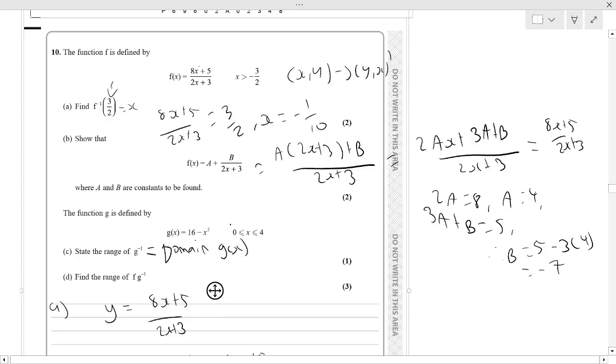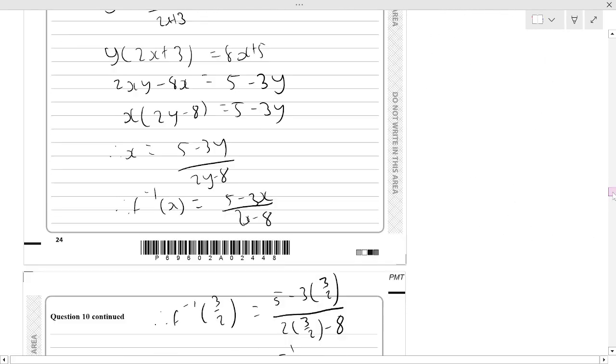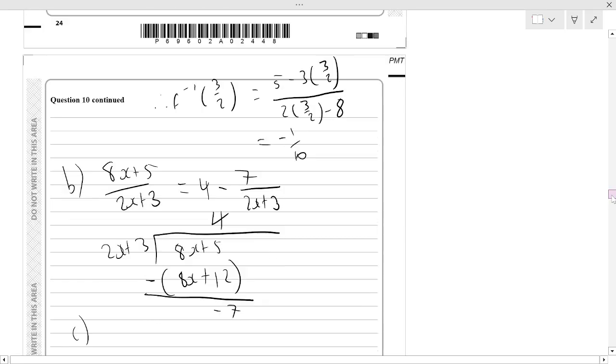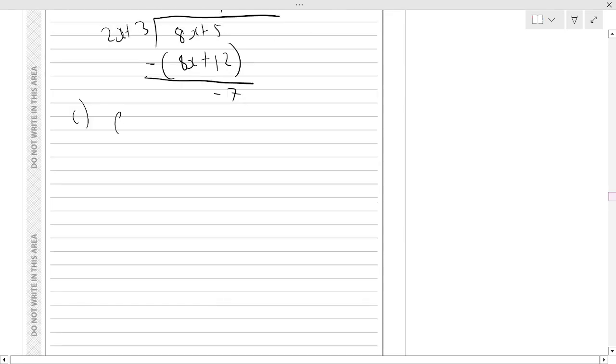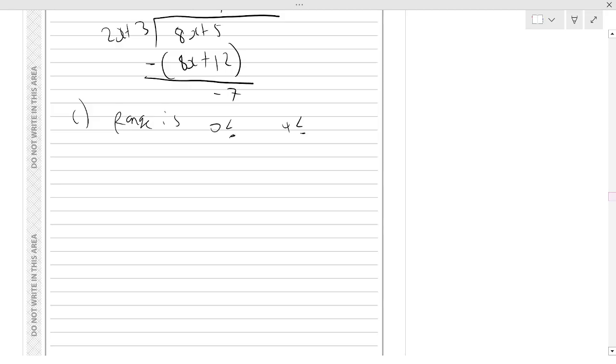But we're given a domain. It's right here. It's 0 less than or equal to x less than or equal to 4. So the domain is 0 to 4, so it's the same sort of way. So the range is between 0 and 4, but then it's going to be g inverse of x, right?